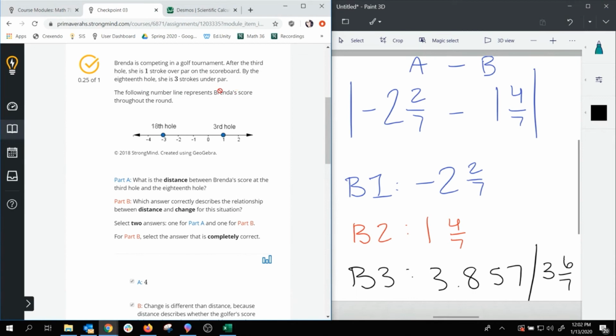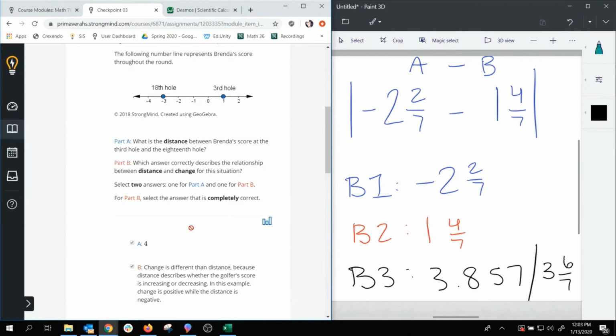Do you guys know what par is in terms of golf? Okay. The following number line represents Brenda's score throughout the round. So on the third hole, she's 1 above par, and then on the 18th hole, she's 3 below. What is the distance between Brenda's score at the 3rd and the 18th hole? So for A, you got it correct. It is 4. There's 4 units in between them, so that one's good.